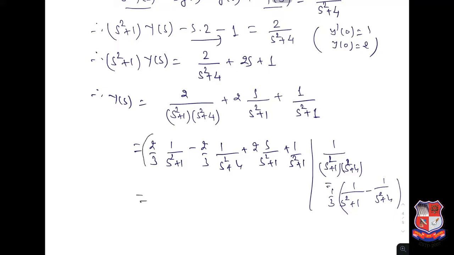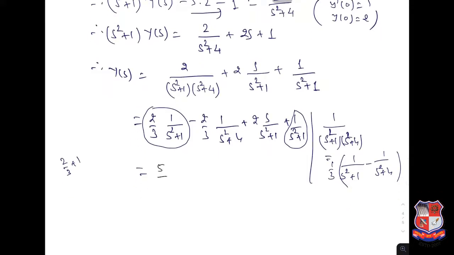Now you should put these together: 2 by 3 times 1 upon s square plus 1 plus 1 times 1 upon s square plus 1. So this is 2 by 3 plus 1, which is nothing but 5 by 3 times 1 over s square plus 1, minus 2 by 3 times 1 over s square plus 4, plus 2s over s square plus 1.